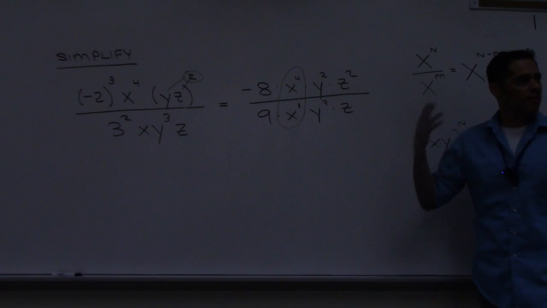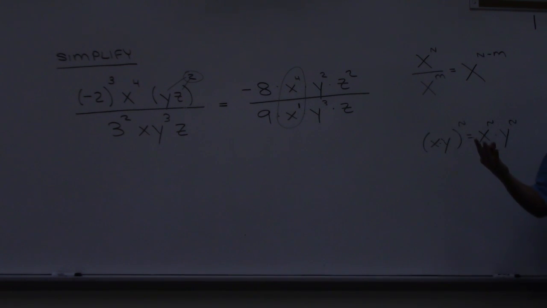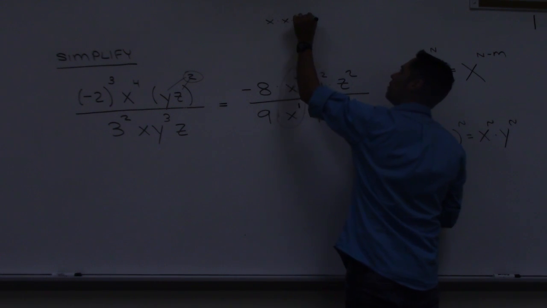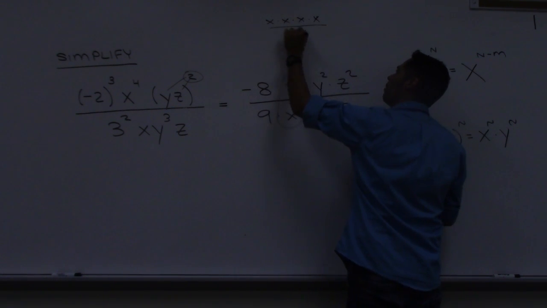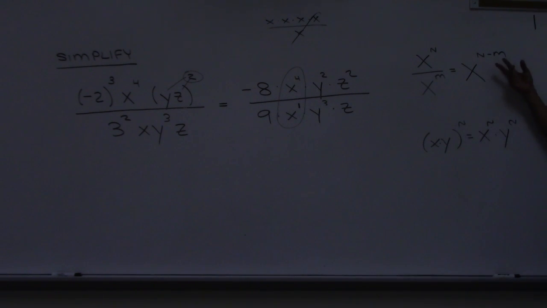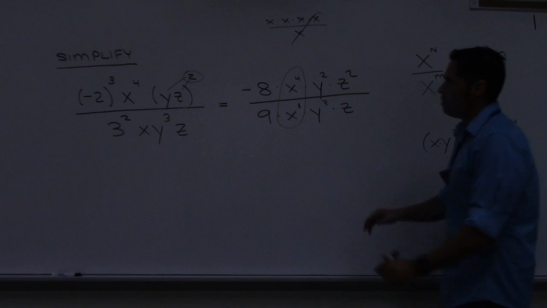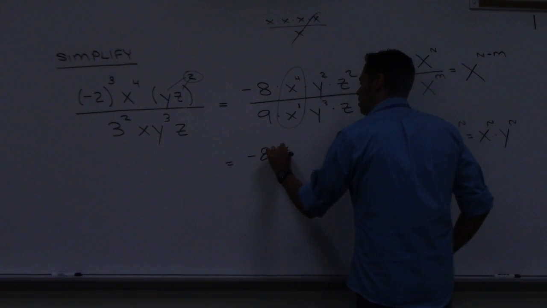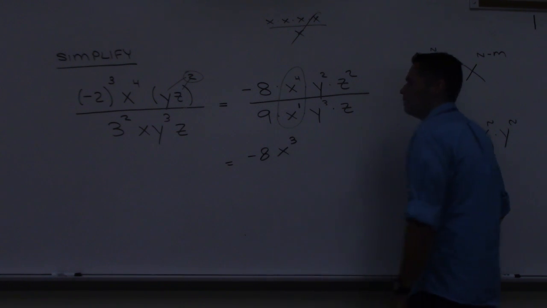That's x to the 3rd. 4 minus 1 is 3. Now you could write them out, x, x, x, x, 4 x's over x, and then cancel 1. And of course you get x cubed. But we just want to be able to do it quickly, do the subtraction. So we have -8 on top, x to the 3rd.